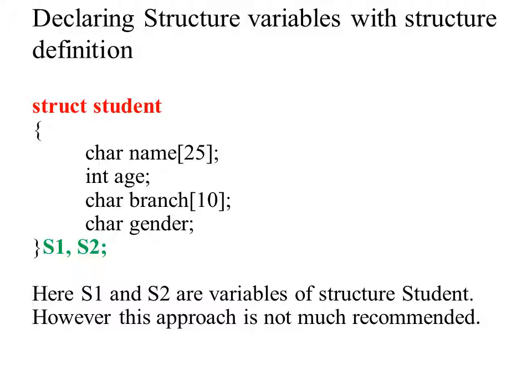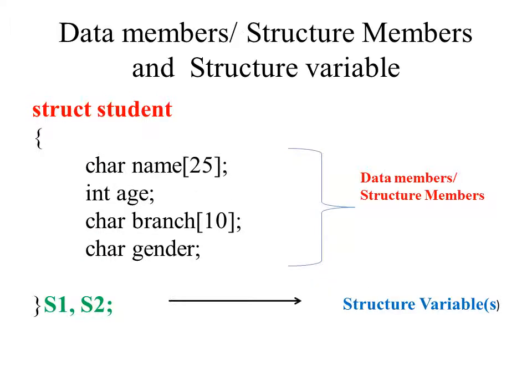Conversely, there is another way, that is declaring the structure variables with the structure definition itself. Instead of writing struct student separately, we can mention the structure variables after the closing bracket, and then it is terminated with a semicolon. So either way you can declare the variables, which are called structure variables. Though both are valid, this approach is not much recommended for further operations.